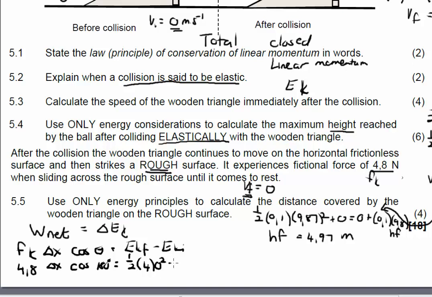Anything times 0 will give me 0, minus Ek initial, which will be a half times 4 times our 0,25, which we calculated in question 5.3, squared. Remember the square, very important. If you then solve this, the change in x is going to give you 0,03 meters.